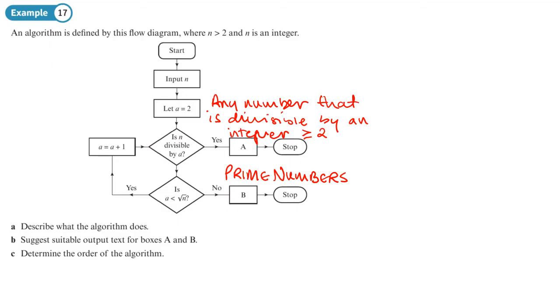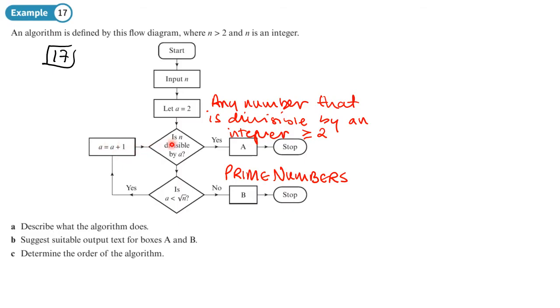Okay, let's try a number that we know is prime. So let's say 17. So 17, is it divisible by 2? No. Is 2 less than the square root of 17? Yes, it is. a is 3. Is 17 divisible by 3? No. 3 is still less than the square root of 17.